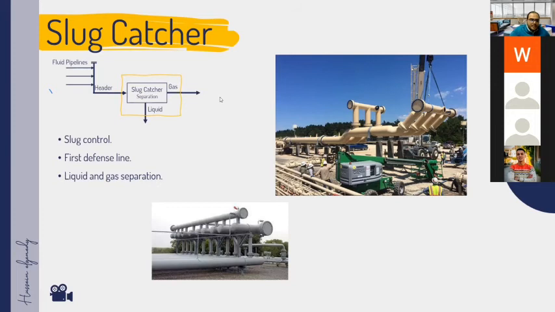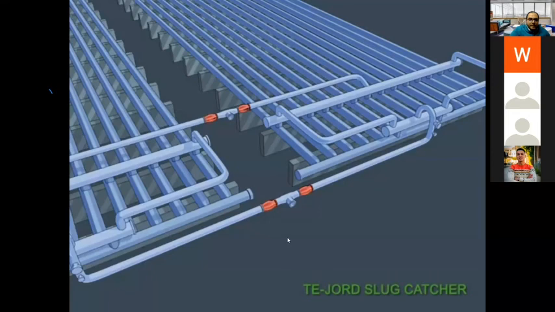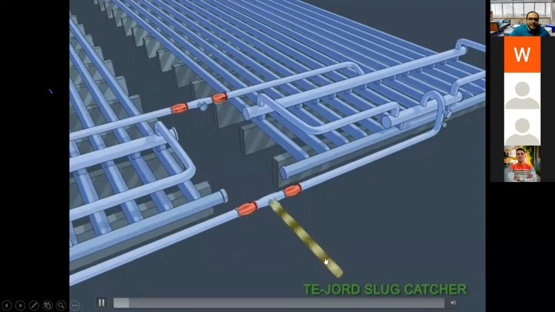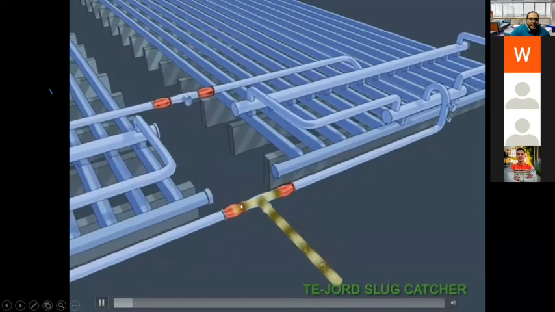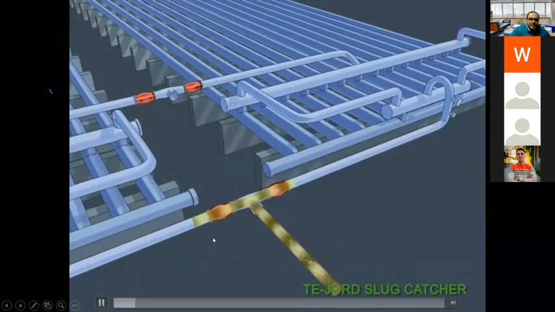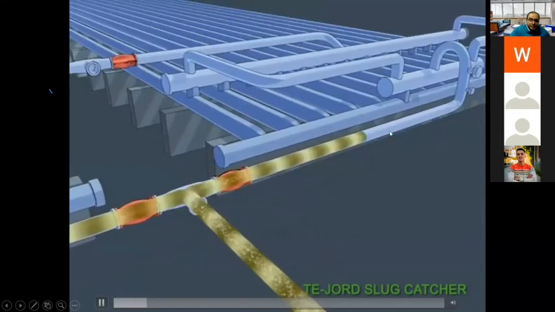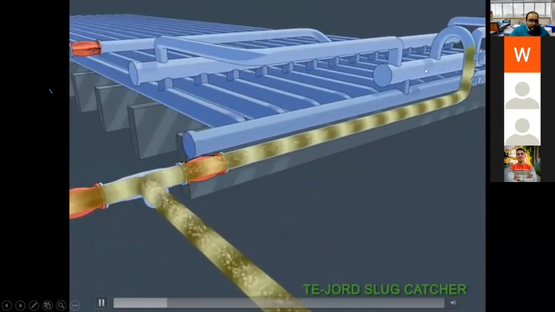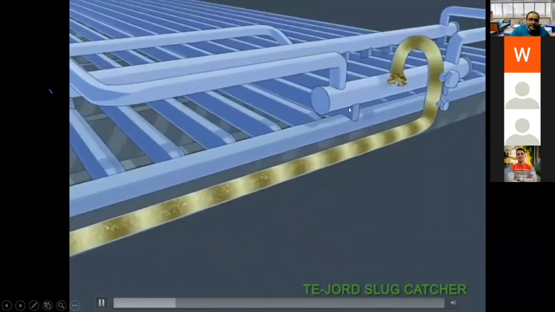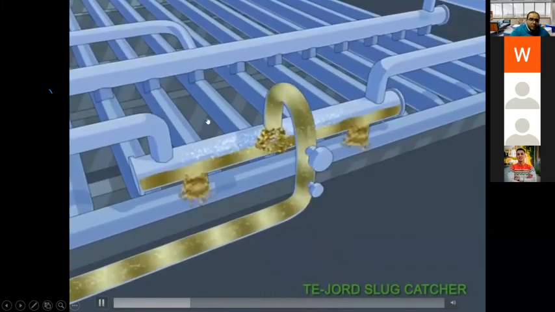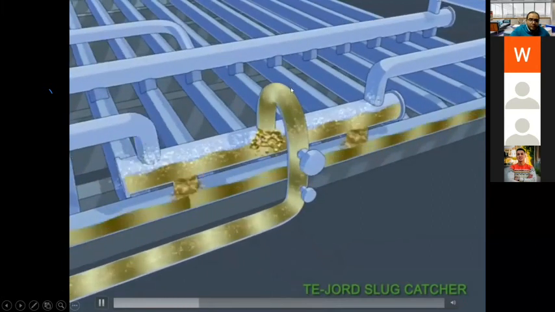Let's check this small video about the slug catcher to understand how the separation occurs in it. Here a mixture of liquid and gas is entering the slug catcher and moving like that. This is the first separation, as a separator. The liquid goes down and the gas goes up through these pipelines.